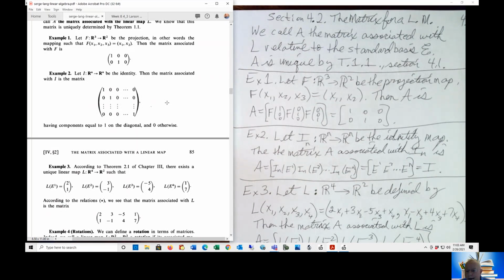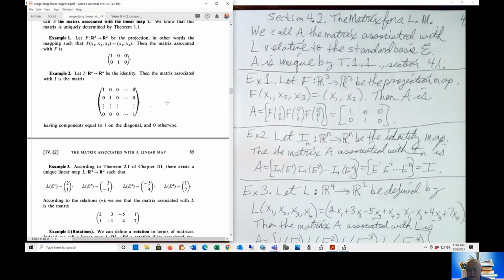Then the matrix A associated with F has first column F evaluated at E1, which is 1, 0, 0. And then the second column is F of 0, 1, 0. Third column, F of 0, 0, 1. E1, E2, E3. And since we're knocking off the third coordinate, the columns are (1, 0), (0, 1), (0, 0). Okay, so that's simple to see, hopefully.